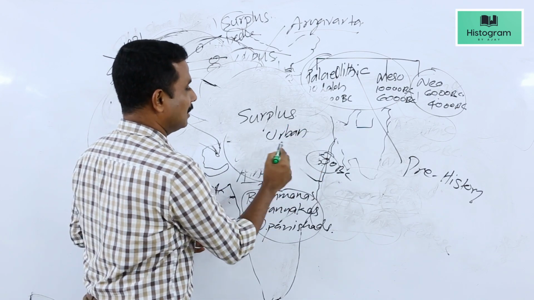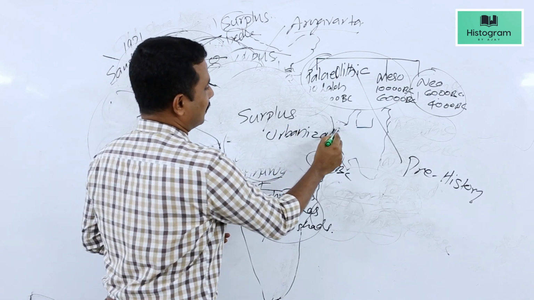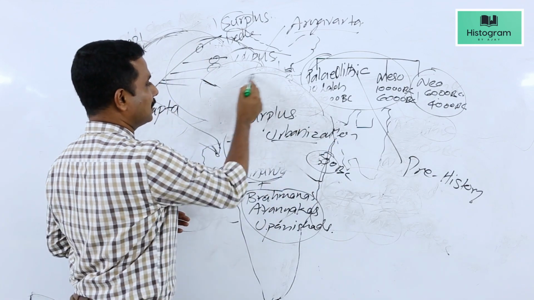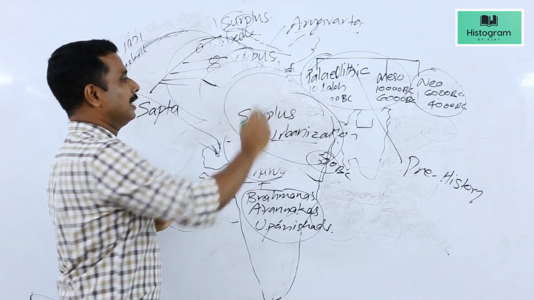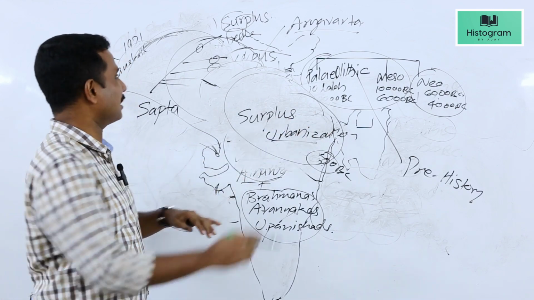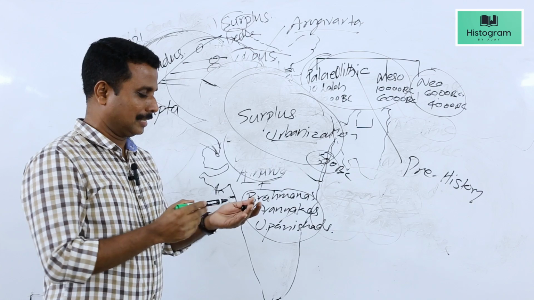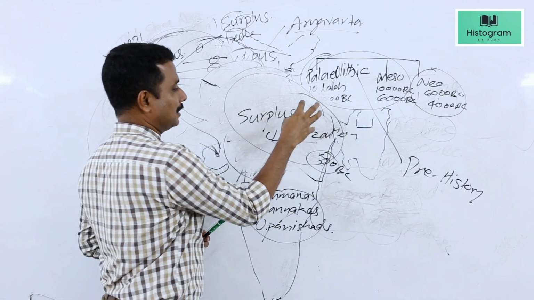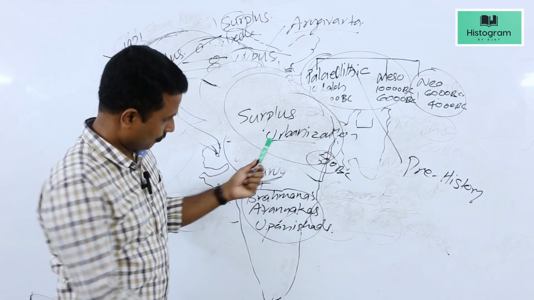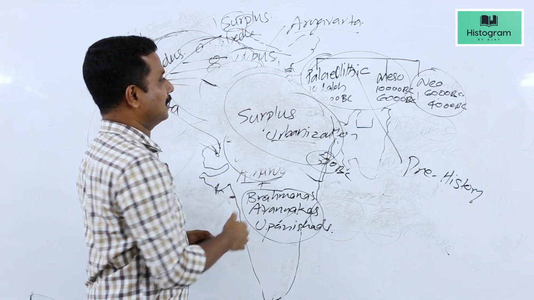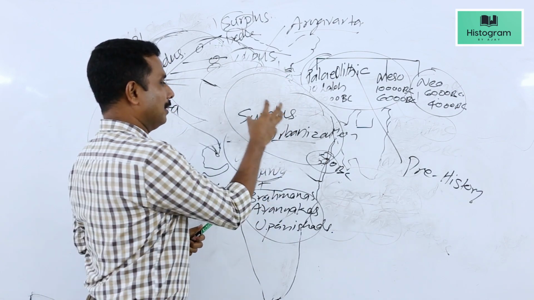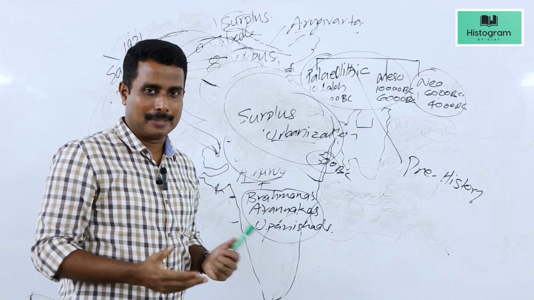By 600 BC, there was a second urbanization taking place in India, in the Indo-Gangetic plain. The first urbanization was in the Indus Valley civilization period, and the second urbanization was now taking place in the Indo-Gangetic region, that is Aryavarta region, from 1000 BC to 600 BC.